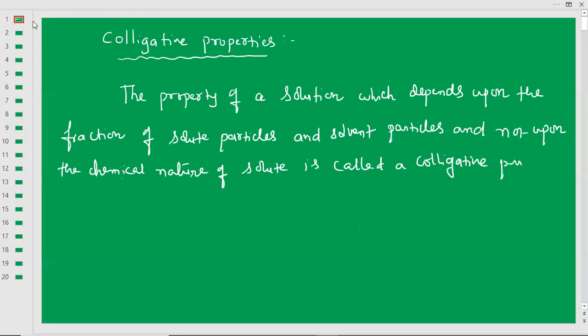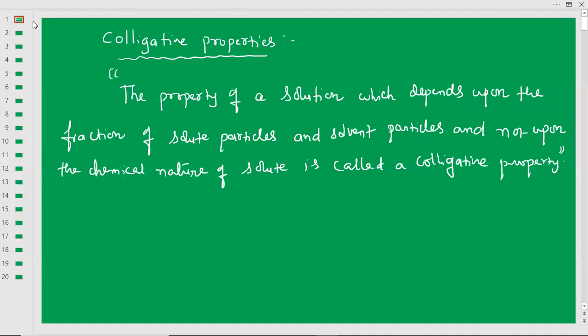So, a property of a solution that depends upon the fraction of solute particles and solvent particles, not upon the chemical nature of the solute, is called a colligative property.